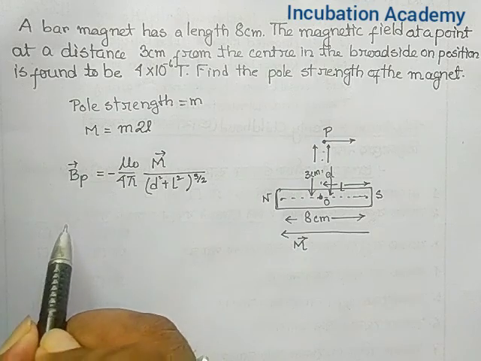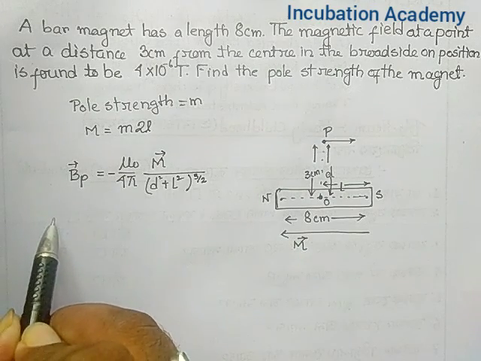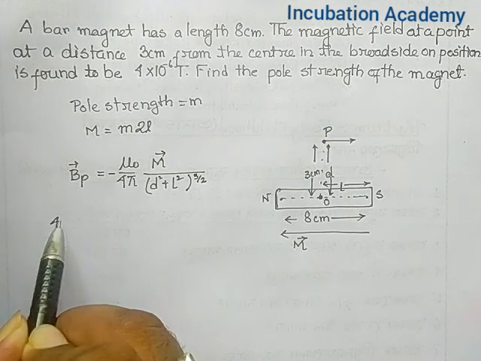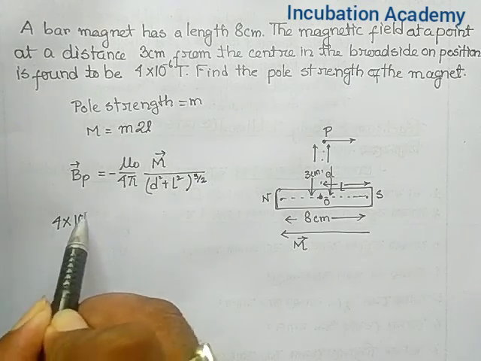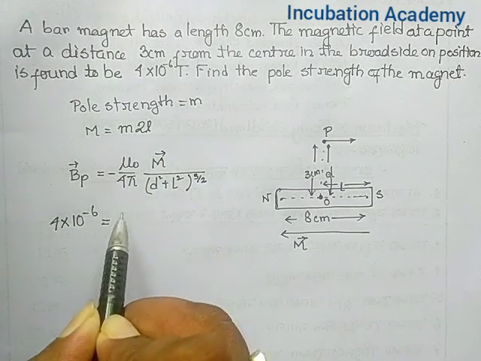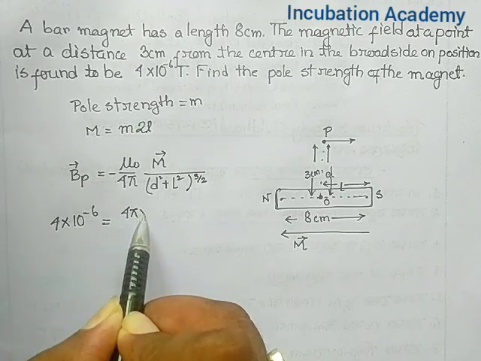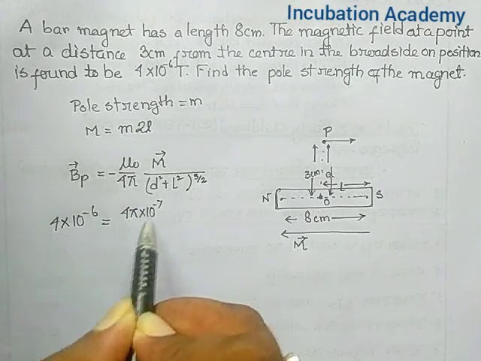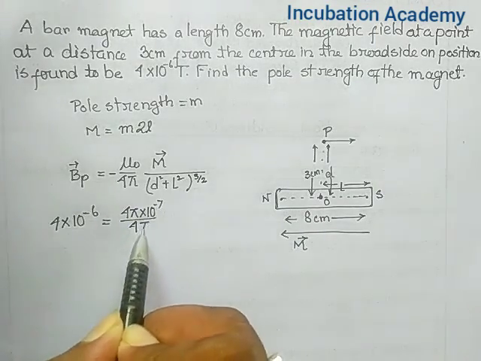So if I now put the values, because the values are important here: 4 into 10 to the power minus 6 equals 4 pi into 10 to the power minus 7 divided by 4 pi.